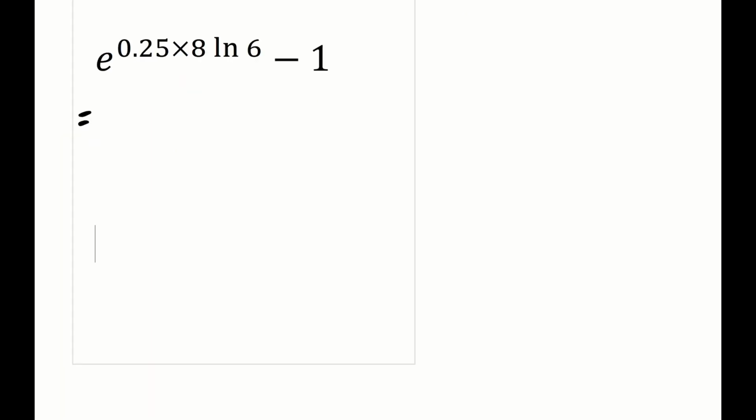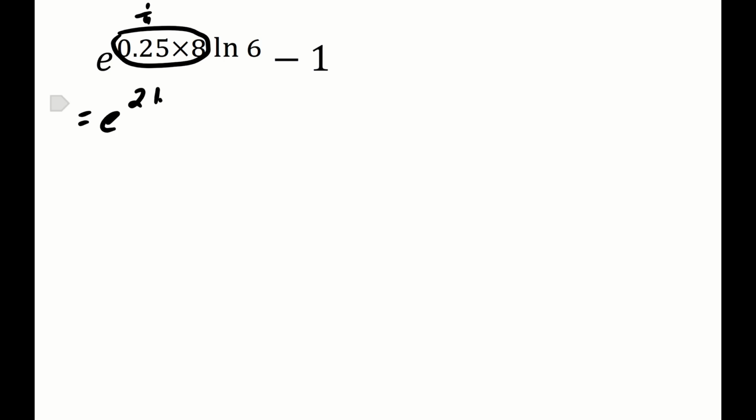So I need to use a fair bit of strategy here. I know that if I have e to the natural log of something, I can cancel it out. I'm not quite there with the one I have, so I need to investigate this number. 0.25 times 8, that's really a quarter times 8, or 8 divided by 4. So at the moment I have e to the power 2 natural log of 6, and then subtract 1.